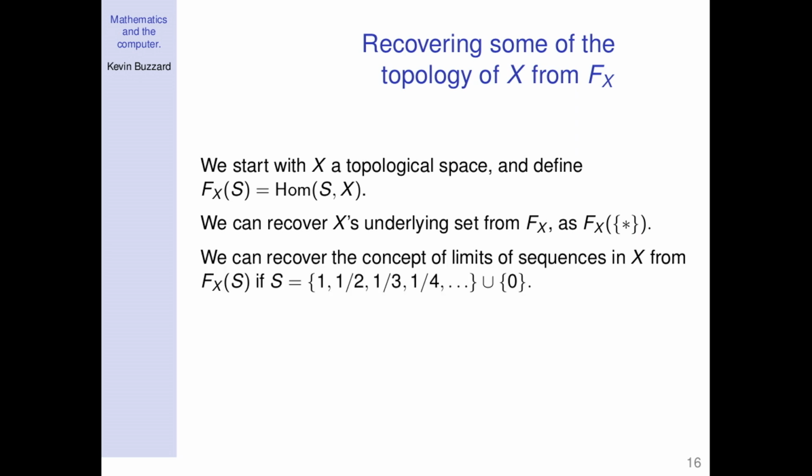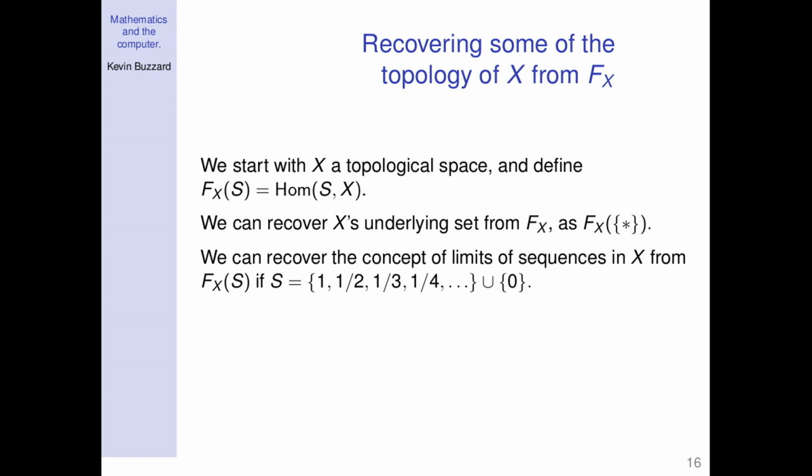And also, more than that, if we use this funny compact Hausdorff space I was just talking about, we can also recover the concept of which sequences tend to which limits. If we know F_X(S), we know all the maps from S into X. And so, in particular, we can work out whether a sequence tends to a limit and which limit it tends to.